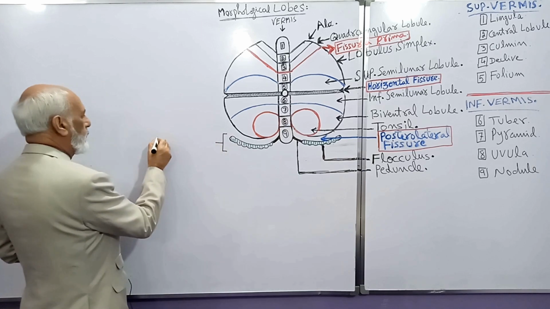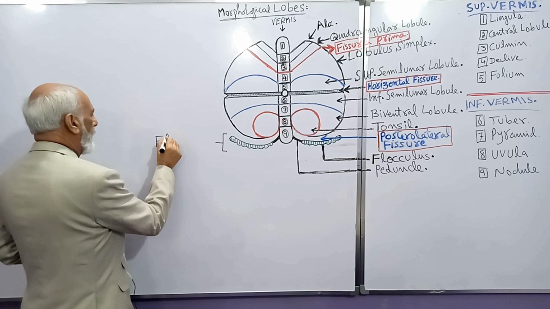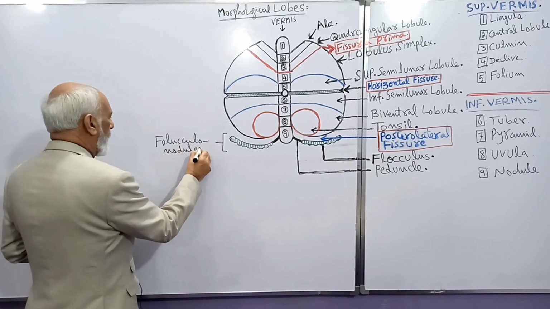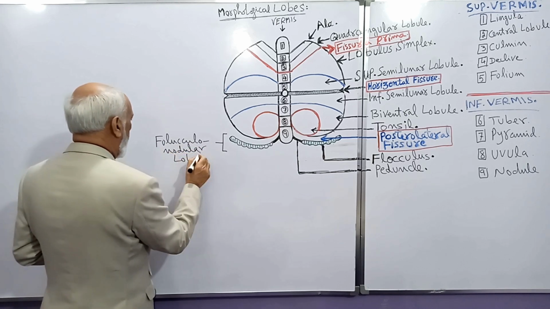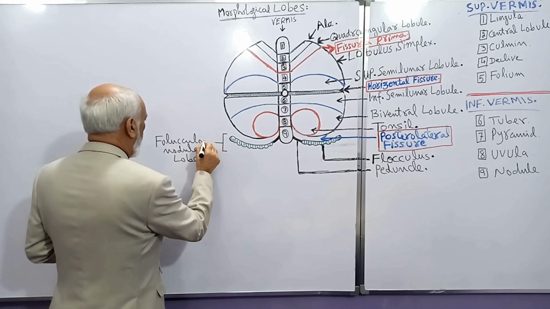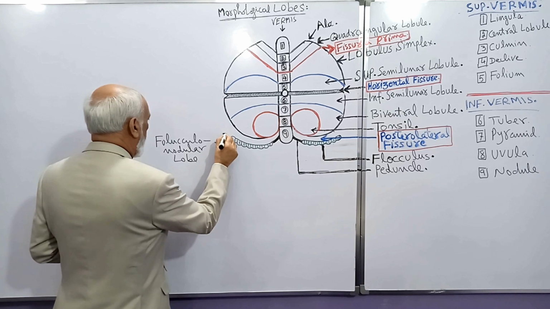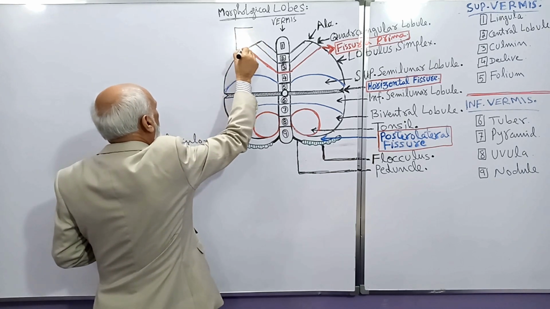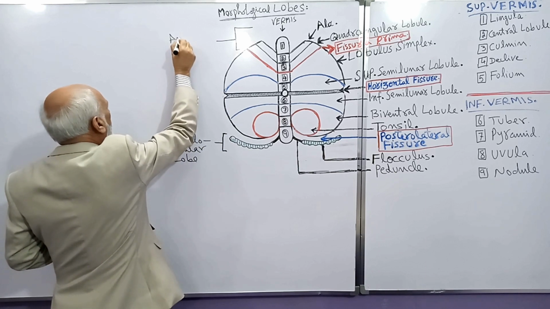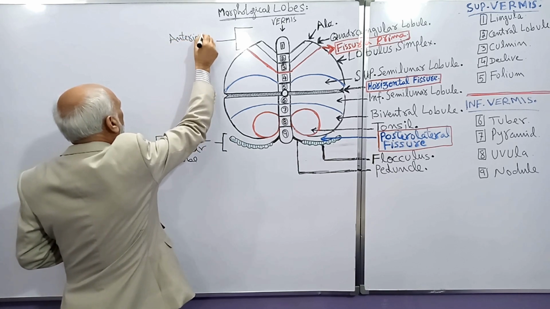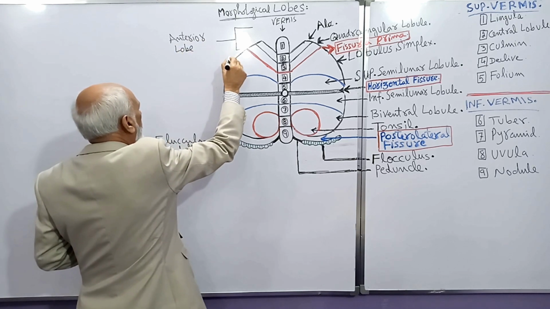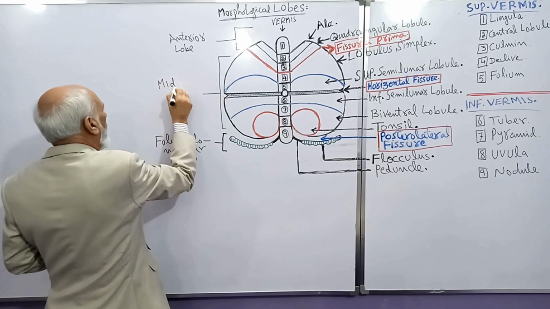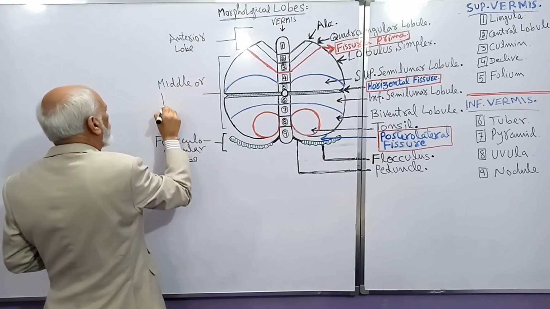That is the folliculonodular lobe, anterior lobe, and middle or posterior lobe.